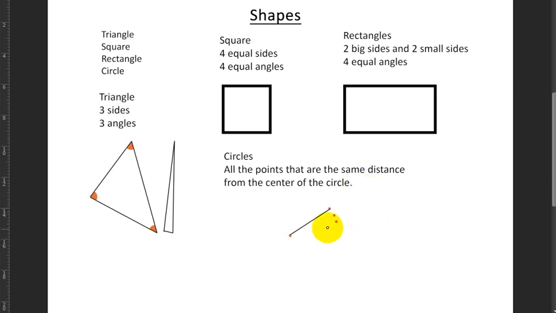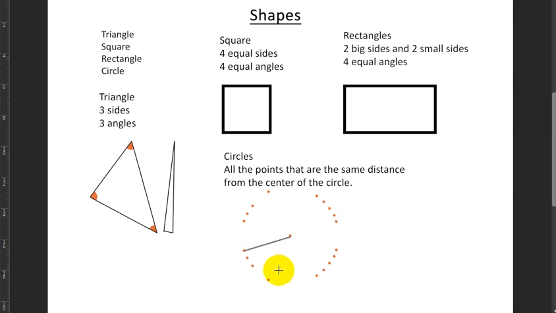Now, just to save time, I'm going to make a few of these and come back. So as you can see here, I've made some more points that are the exact same distance. They're all the same distance from the center.